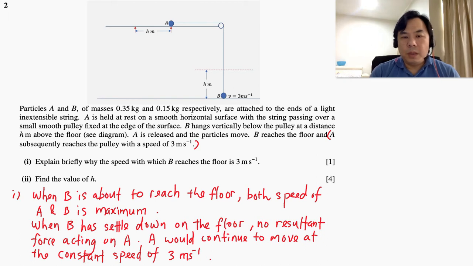So when B is about to touch the floor, it would have reached a maximum speed of 3 meters per second, which is exactly the same speed as object A. You can use contradiction to prove that if the speed of B when it's about to touch the floor is not 3 meters per second, then object A would not be moving at a constant speed of 3 meters per second when it reaches the pulley. Now I hope we are clear on the first question. I'm going to show you the second section shortly.